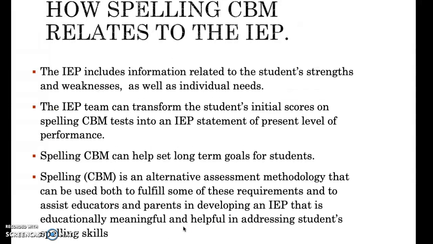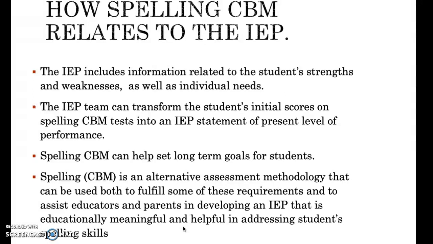How spelling CBM relates to the IEP. So the IEP includes information related to the student's strengths and weaknesses as well as individual needs. The IEP team can transform the student's initial scores on spelling CBM tests into an IEP statement of present level of performance.